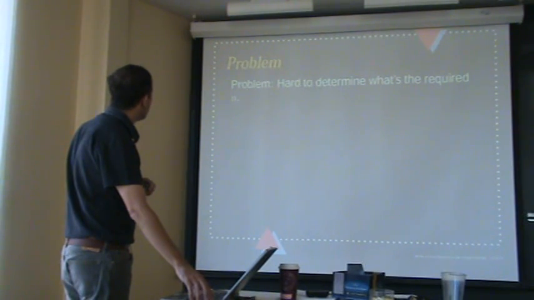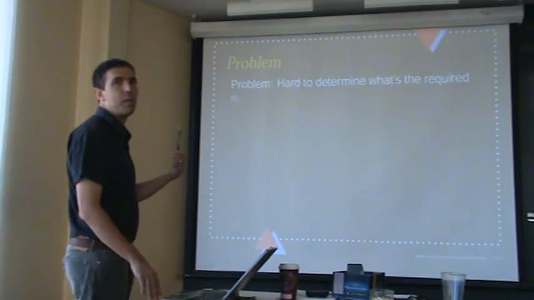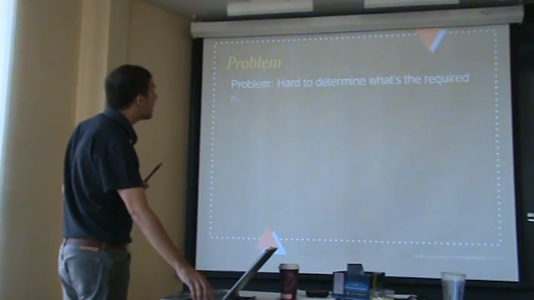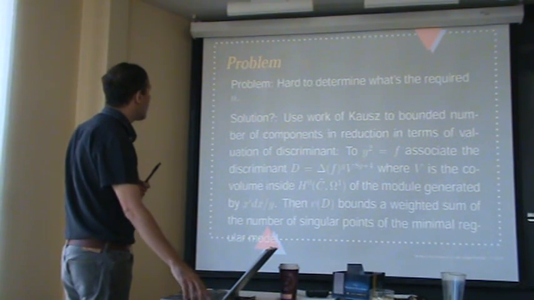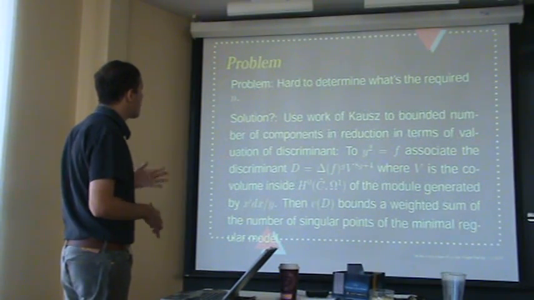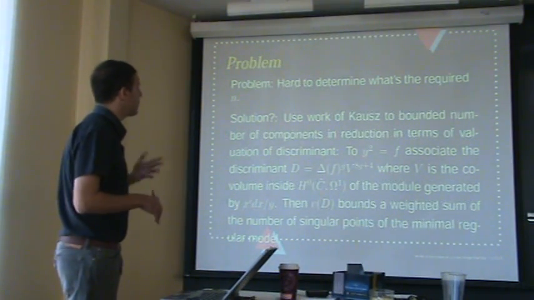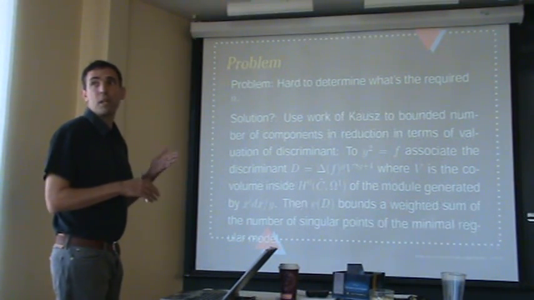And now, if you actually want to get a provable height, that's the issue of where to stop, so how big n should be. And that's the final slide. There's some work of Kaus that basically tells you, not very surprisingly, that the complication of the reduction is controlled by the valuation of the discriminant.